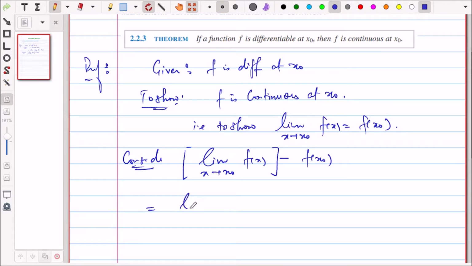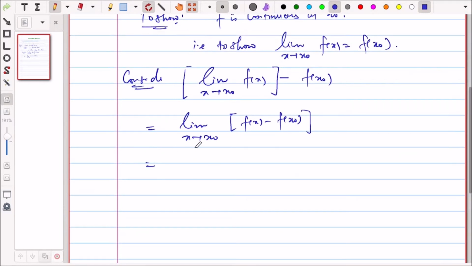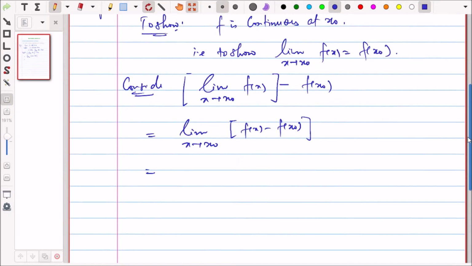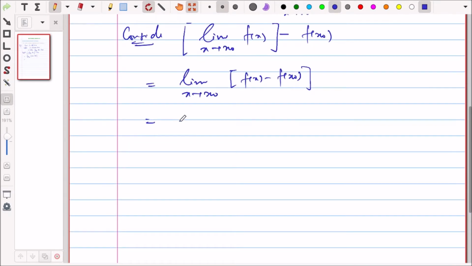Because this is just a constant, we can take it inside the limit. Now we have to bring it in the differentiability form. For that we need x minus x naught in the denominator.